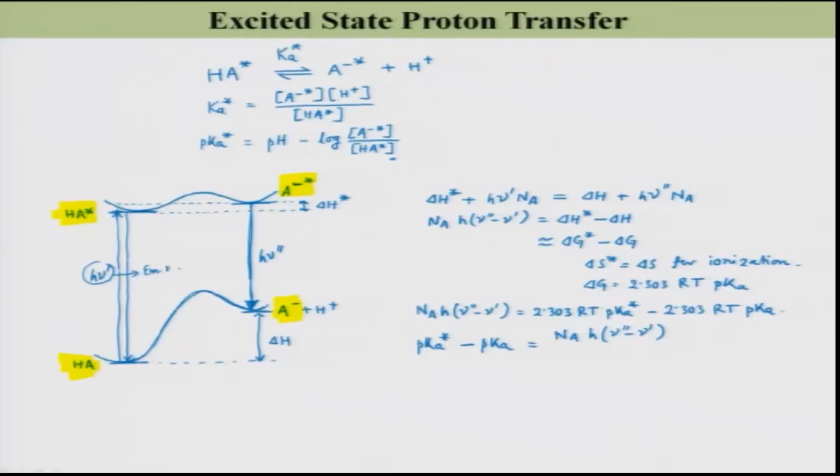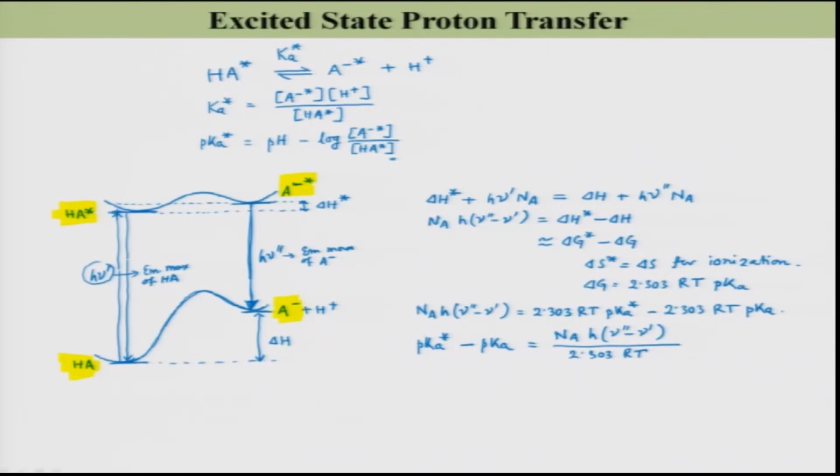So, H nu prime is the emission maxima of HA, and this is the emission maxima of A minus, right. So, then this will be equal to Avogadro number H, nu double prime minus nu prime, divided by 2.303 RT. That is it.